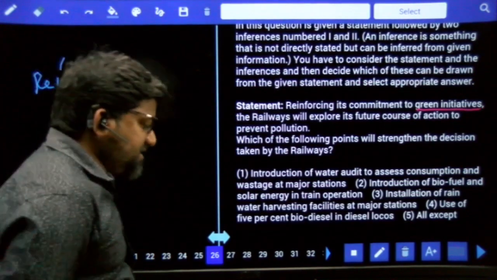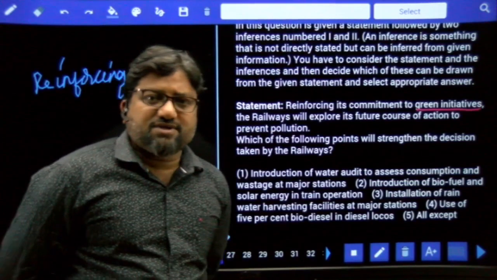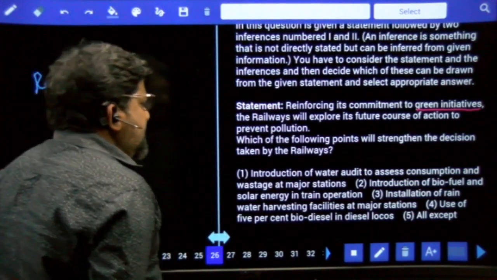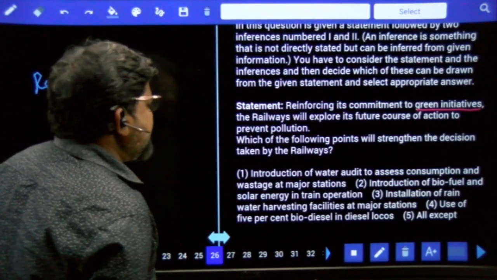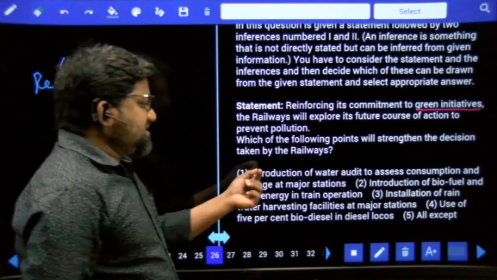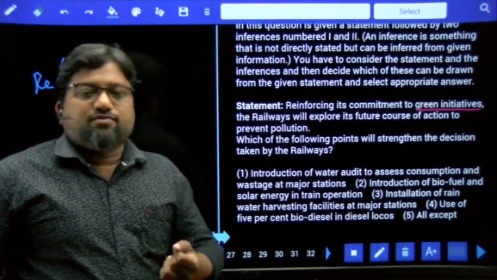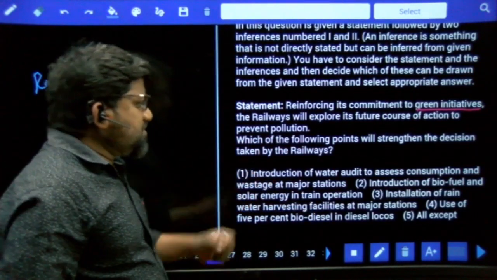So they want to protect the environment. They want to prevent pollution. So what are the steps that will help them to prevent pollution? Introduction of water audit to assess consumption and wastage at major stations. Yes, this will help to save water. So this is also an initiative to protect the environment. Okay, this will support.